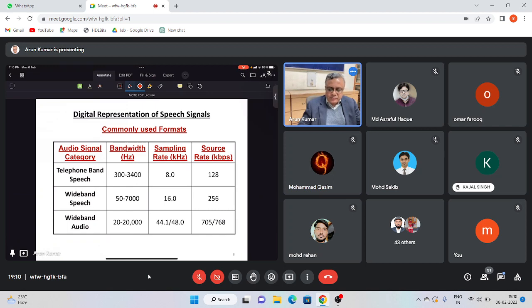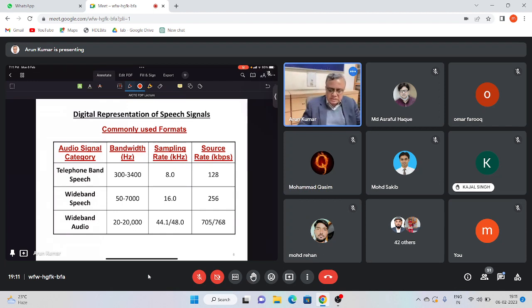For digital telephony, the sampling rate is taken as 8 kilohertz and the bits per sample is 16. So that works out to 128 kilobits per second.